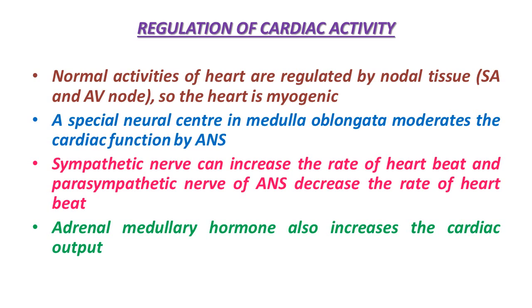Another mass of this tissue is seen in the lower left corner of the right atrium, close to the atrioventricular septum. It is called the atrioventricular node, or in short AVN or AV node.